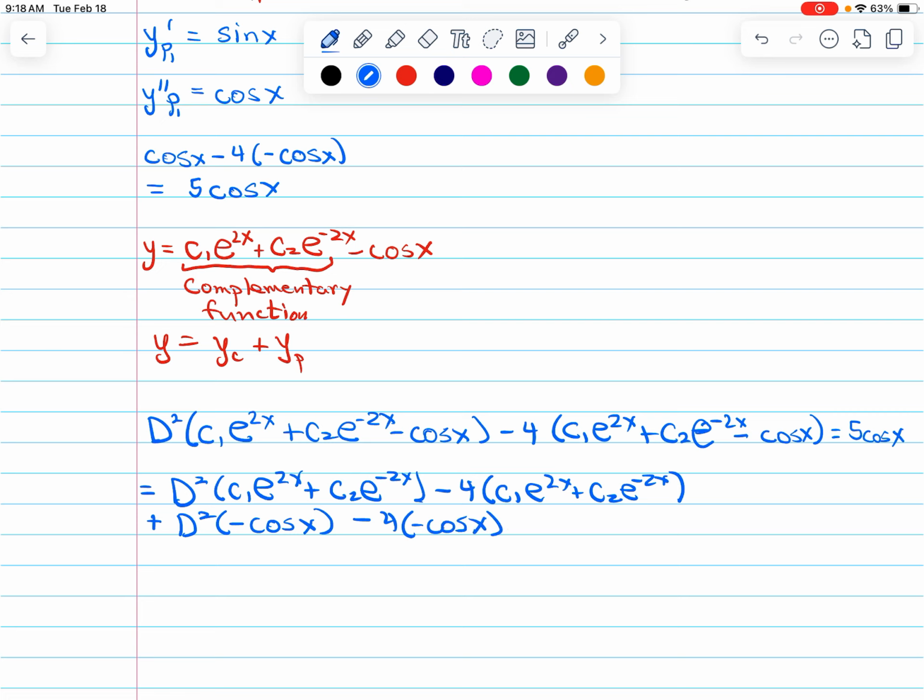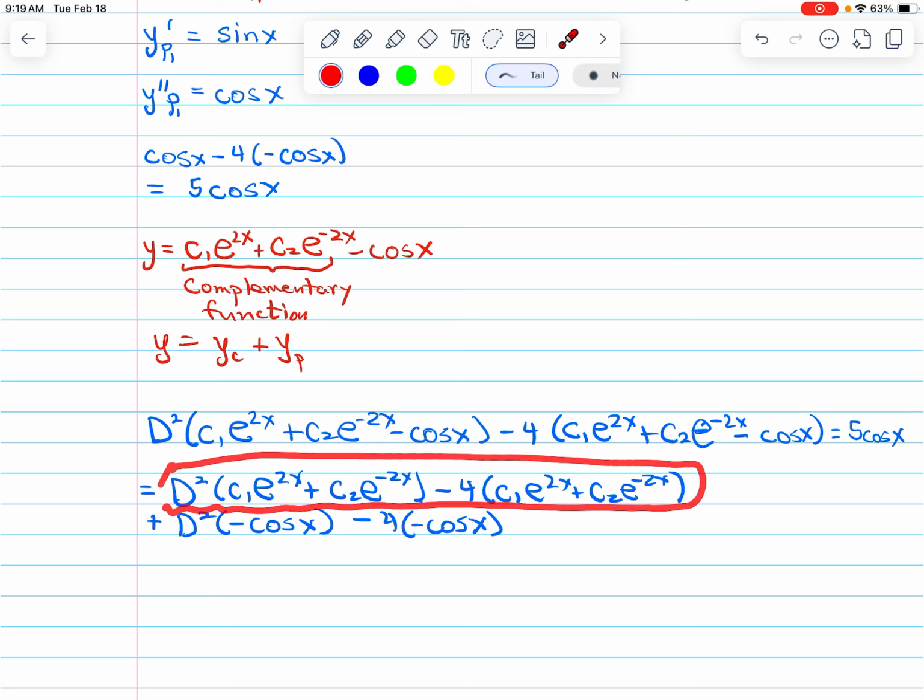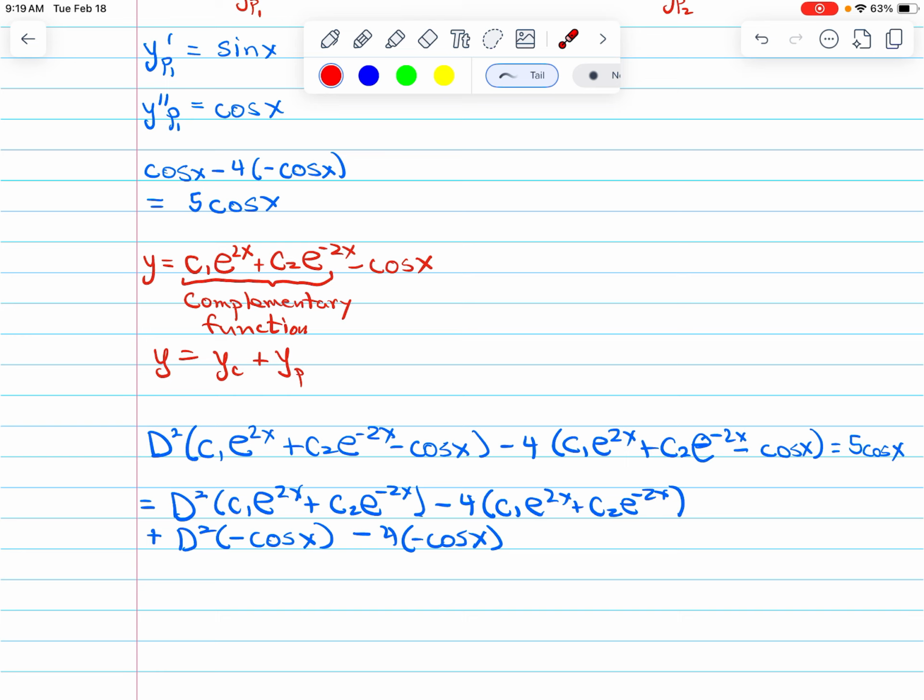Okay. Now, we know that this part up here equals 0 because this is the solution for the homogeneous case, right here. So that equals 0, and we know that this down here is going to be 5 cosine x.